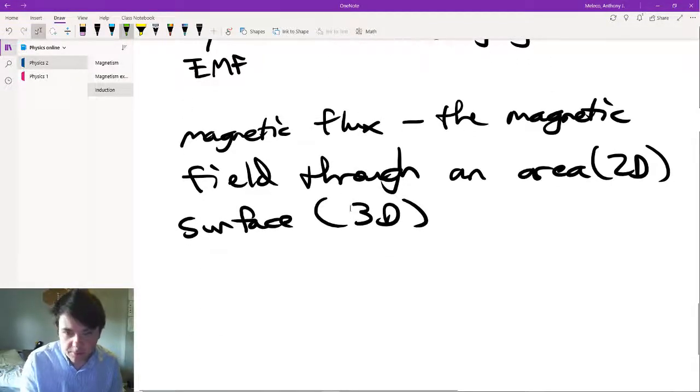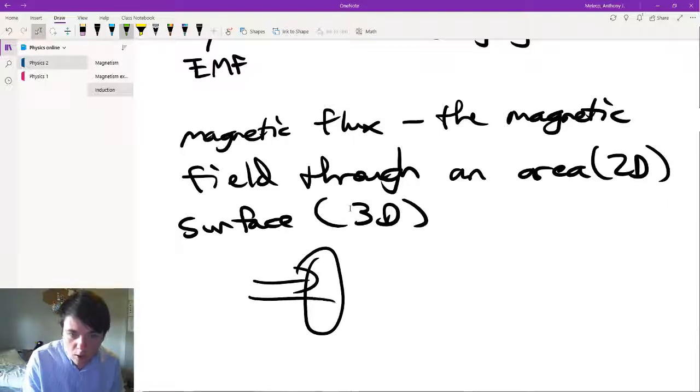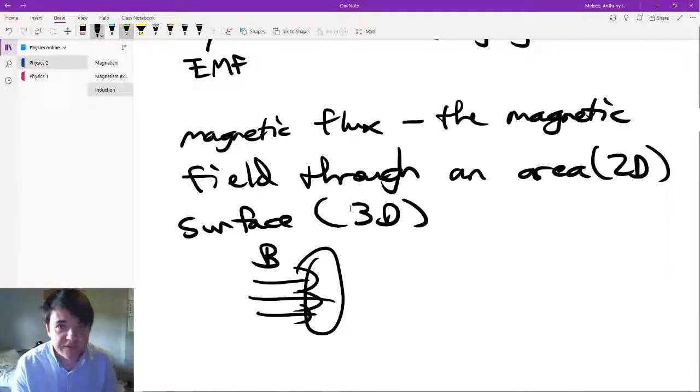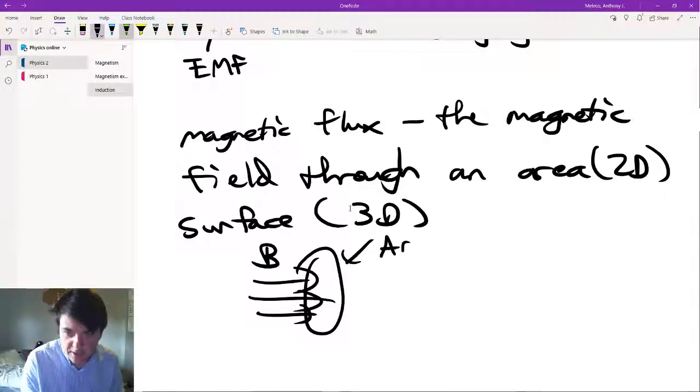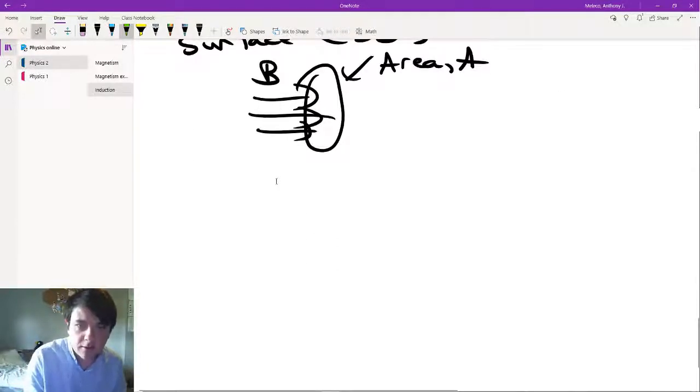We might have talked about flux before when we were talking about electric field, because you can have electric flux.